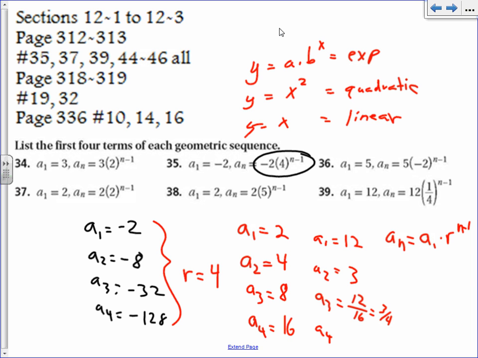When I plug in a 4, 4 minus 1 is 3. 1/4 cubed is 1/64. 12 times that is 12 sixty-fourths. And 4 goes into both of those. 4 goes into there 3 times. 4 goes into there 16 times. And it'll keep getting smaller and smaller and smaller. Questions here?